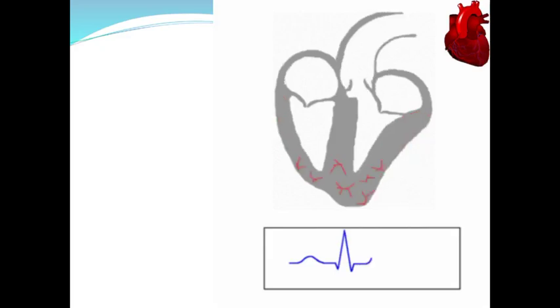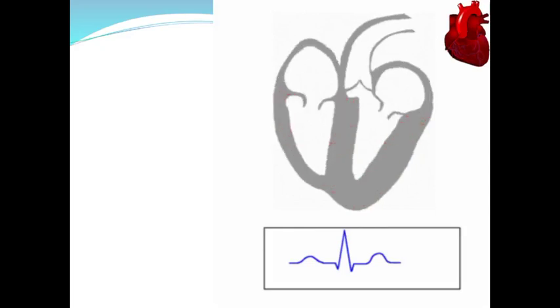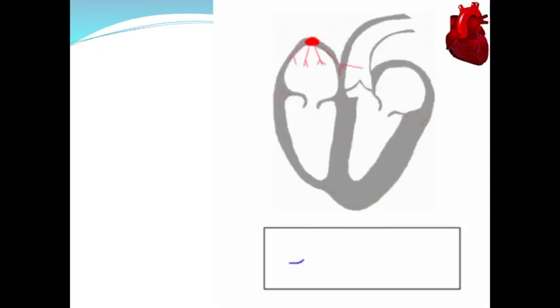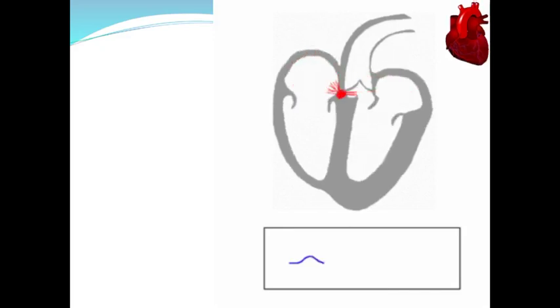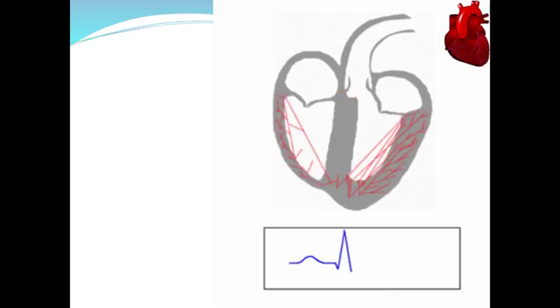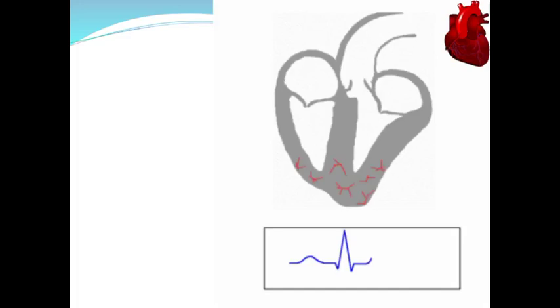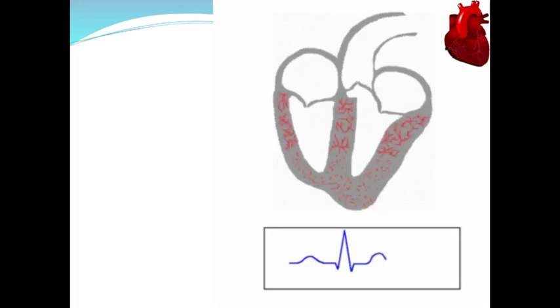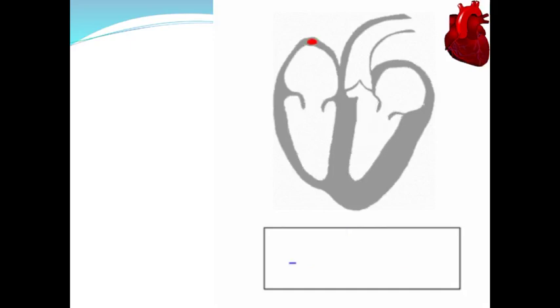We should know their duration, their intervals, their abnormalities and their progression, including the progression of the R wave. We should know the normal and abnormal duration and wave shape, and this is the hallmark of the ECG.